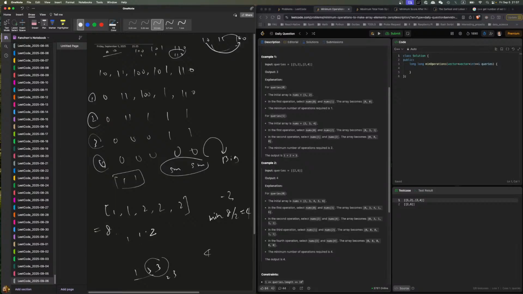It's also paired, because these two are paired, so its sum, which is 4, divided by 2. So this is 2 steps, 2 operations, right?